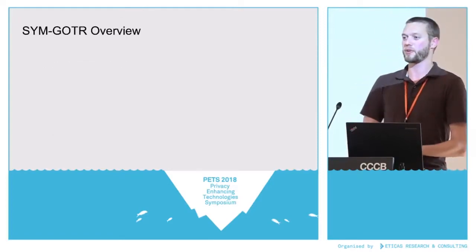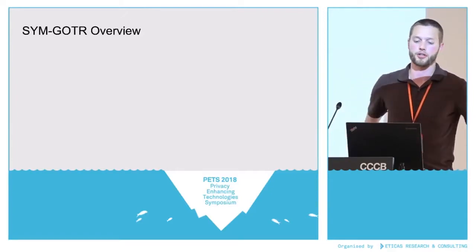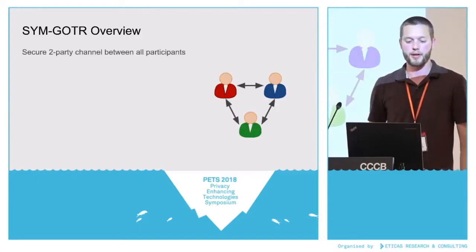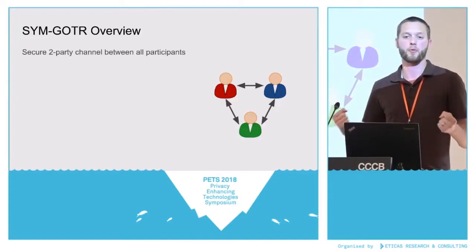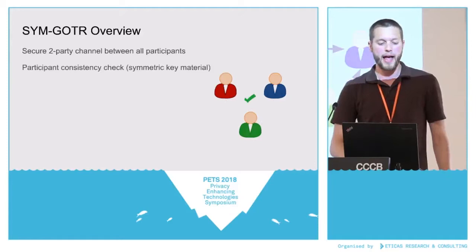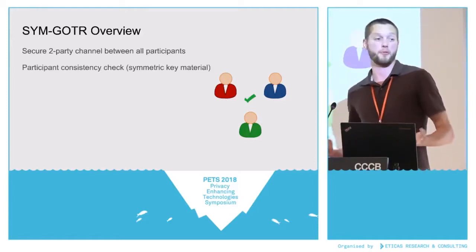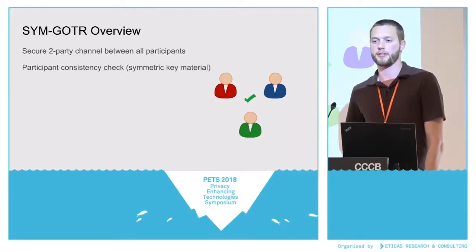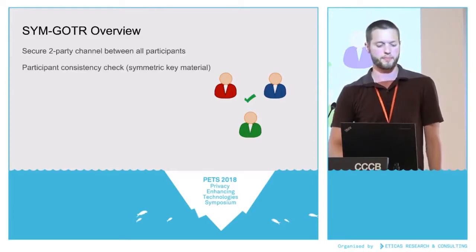So now for SYM-GOTR, how do we provide these strong consistencies in group communication? Well, a quick overview. The first thing that you do when setting up a conversation is that all parties have to create pairwise, deniable, secure channels to each other. After that, they perform a participant consistency check to make sure they all agree on it before sending messages in the conversation. During this consistency check, they also share some symmetric key material that will be used.